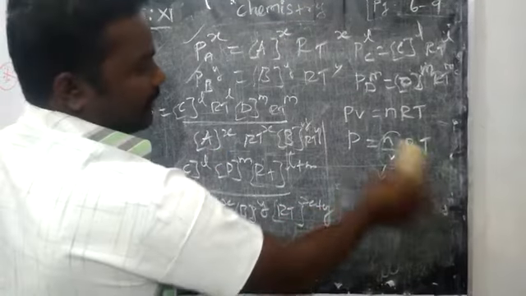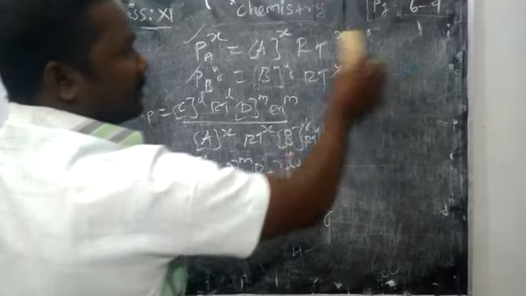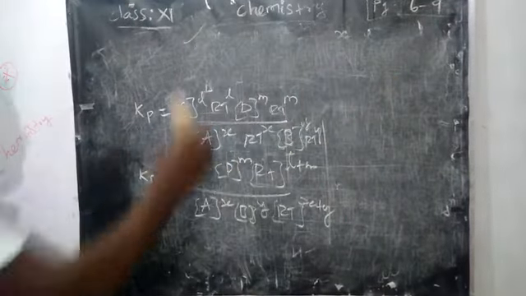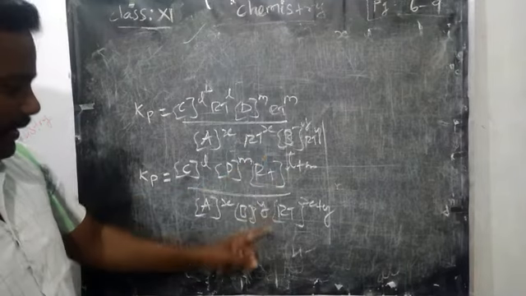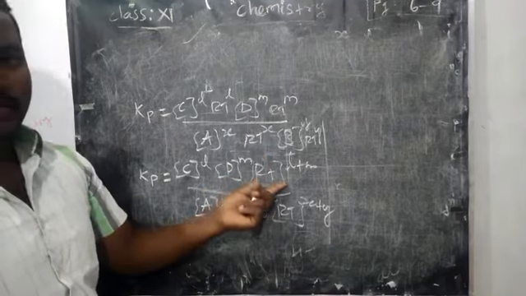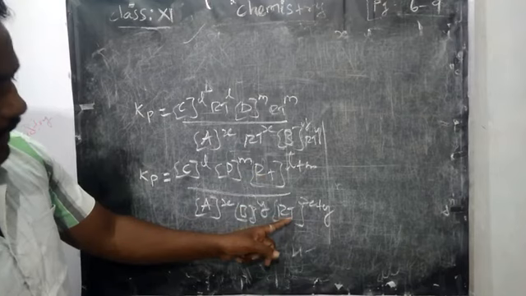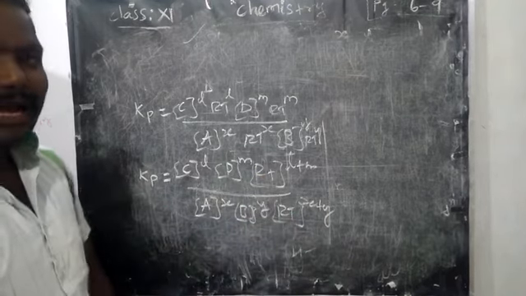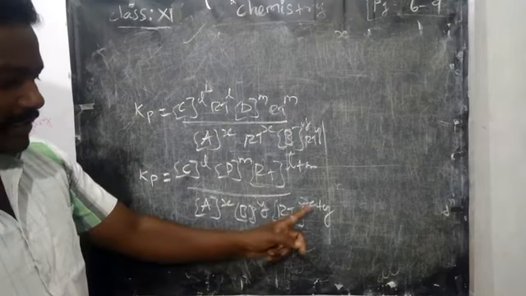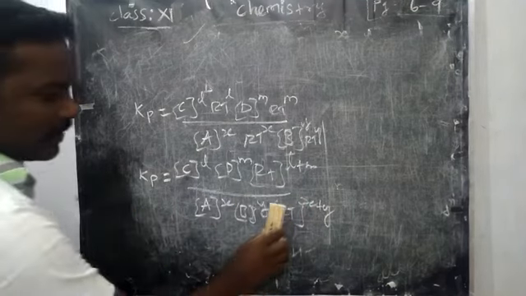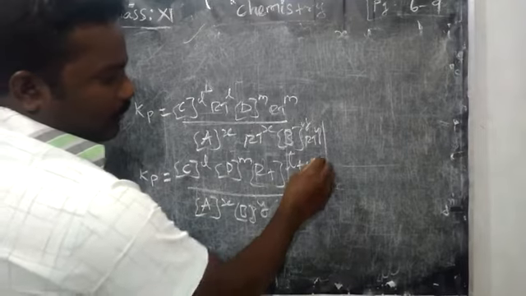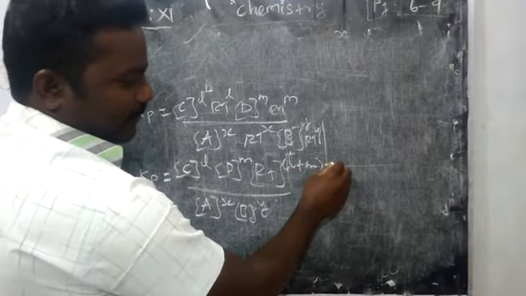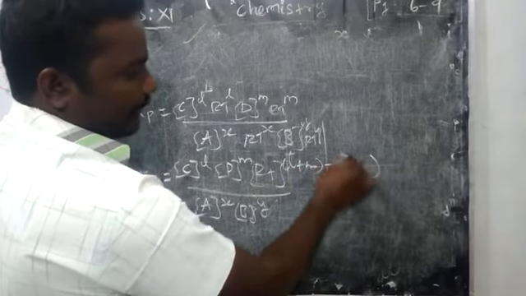Next, how will you simplify this? In the numerator and denominator we have the same term. If you bring the denominator term to the top, x plus y becomes minus. So RT power l plus m minus x plus y.